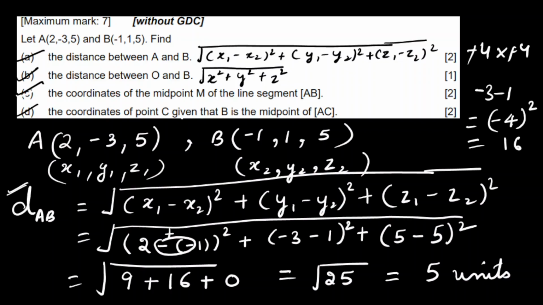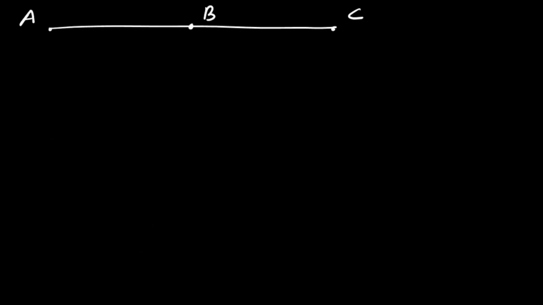So here we have a line segment AC whose midpoint is B. By mistake I said C, but B is the midpoint, not C. So we have to find the coordinates of C.